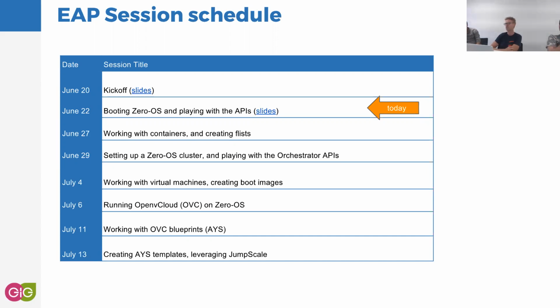It's a RESTful API server that allows you to talk to the cluster as if it was one computer, allowing you to basically deploy any workload into the cluster you want, not being aware necessarily of how many nodes are being involved and stuff like that. It's really like an abstraction layer on top of a ZeroOS cluster.